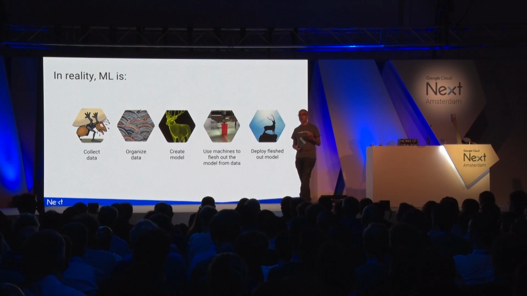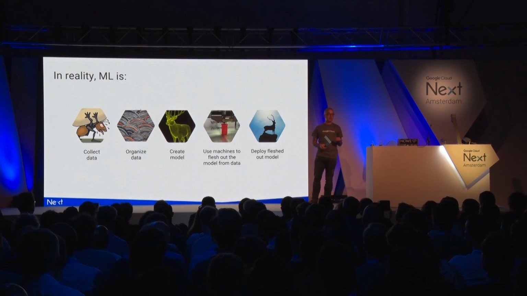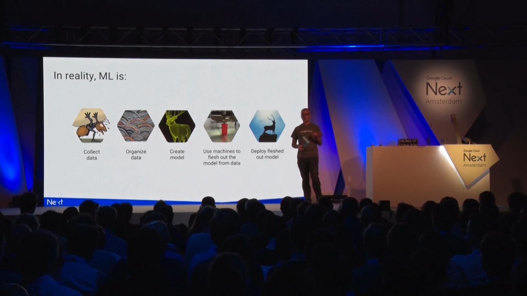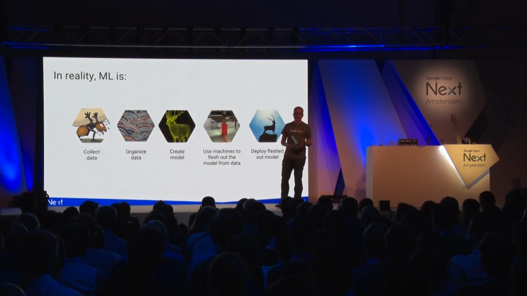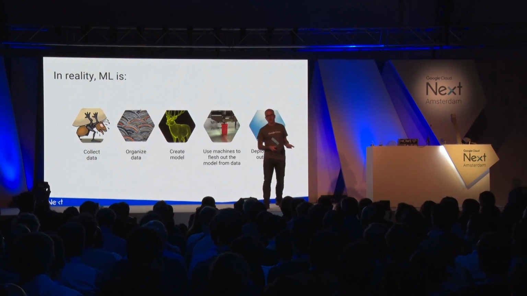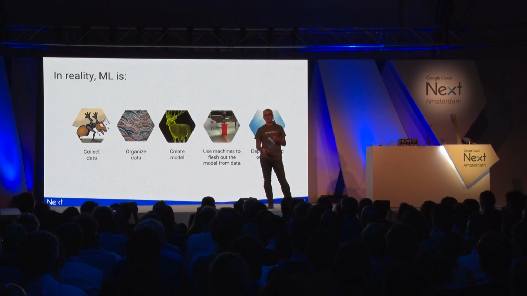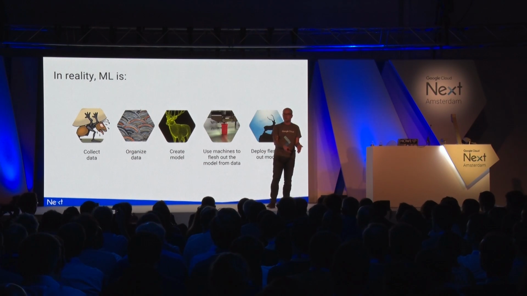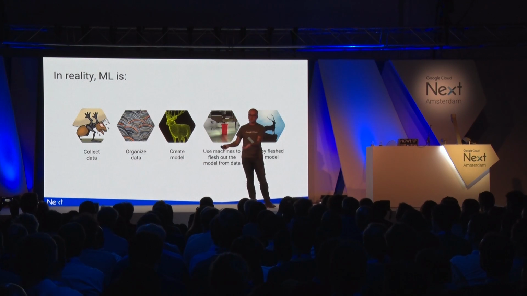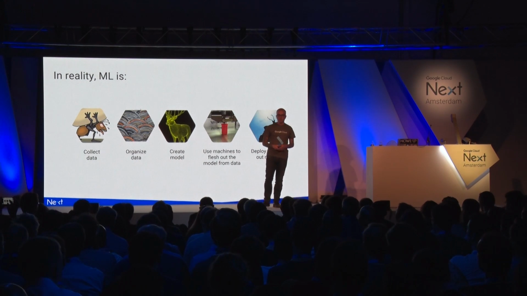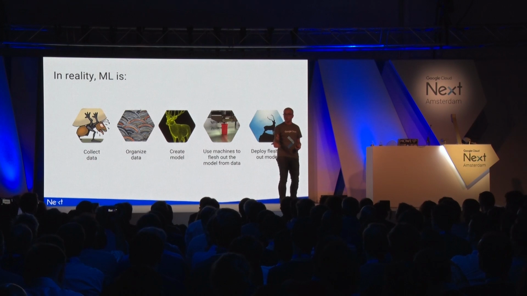The big challenges to actually doing machine learning start with collecting data. And that can be a real headache. I'm a data engineer, that's my background. Finding how to collect data, how to start organizing that data, that consumes a lot of time. And if you haven't done that, you don't have any data available for you to go and do your machine learning on. So that's obviously really important. The next part that's really important is creating the model.